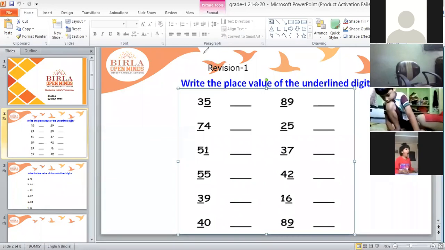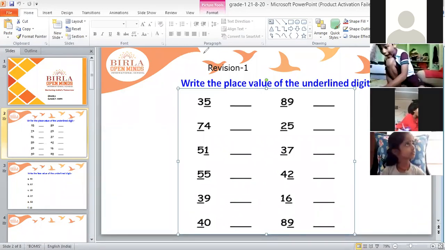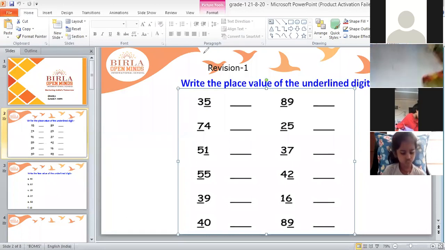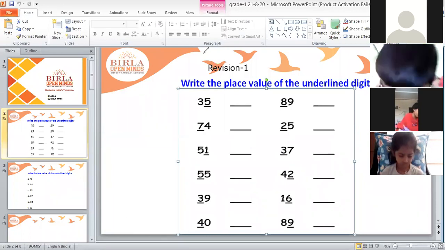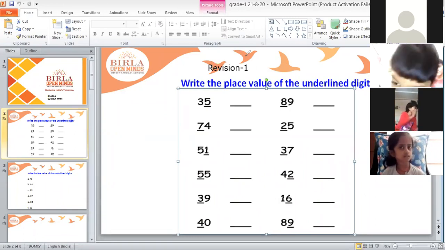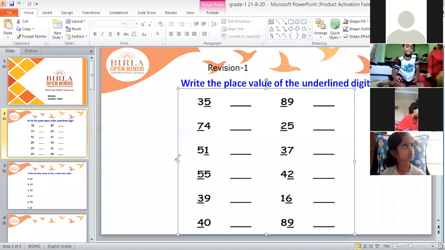Yes, Ansil. Ma'am, I wrote. I asked that if you have not written, then you can use the raise hand option. If you have completed, that's fine. If you are still writing, then you can use it. Okay, fine, children, we'll start now.